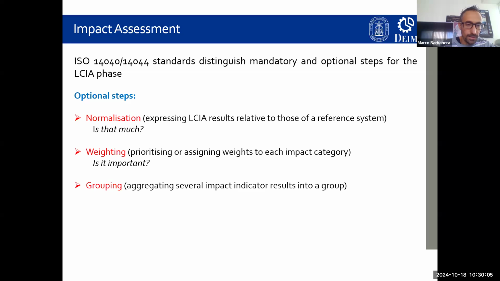And then we can apply weights to each impact category in order to define which environmental impacts can be considered more important for our study.